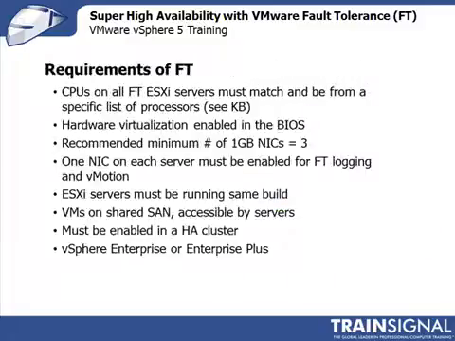Because of how VMware vSphere's fault tolerance actually works, by mirroring the CPU and memory changes from one physical server to another, it has some very specific requirements. So the CPUs on all fault-tolerant ESXi servers must match and must be from a specific list of processors. And there's a VMware knowledge base article that covers this.